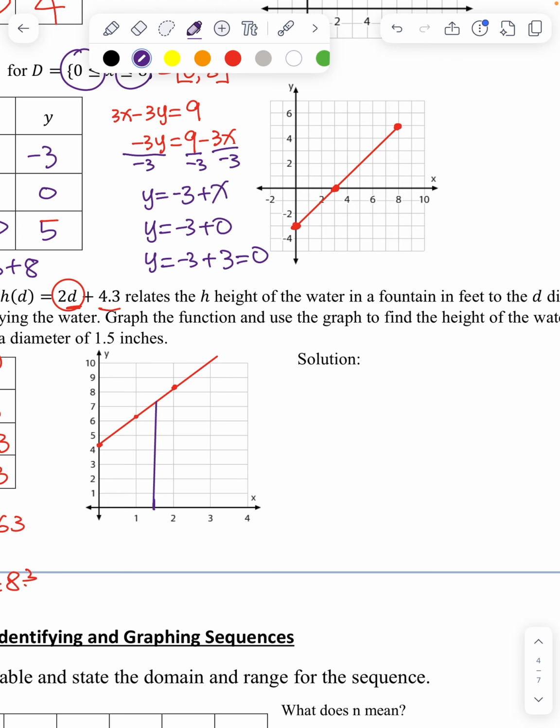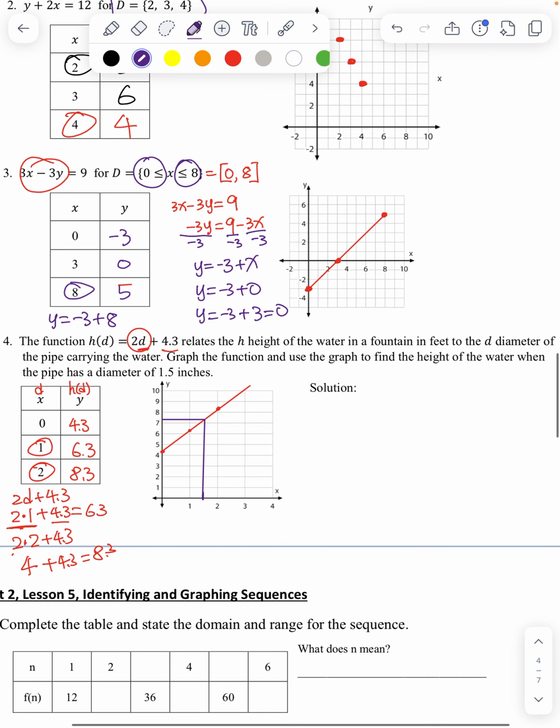The y value should be what? 7.3 maybe? Okay, 7.3. Approximation. 7.3 feet, right? 7.3 feet. Good enough.